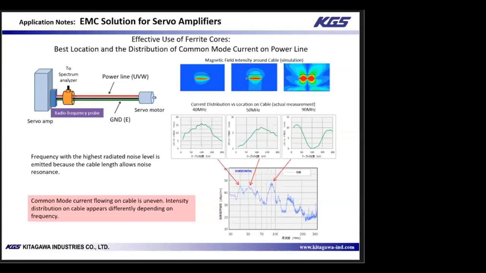You'll notice that the x-axis is shown in centimeters, and for 40 and 50 megahertz, the current distribution is highest around 100 centimeters. At 90 megahertz, it is higher at 0 and 200 centimeters. Since the cable is 2 meters or 200 centimeters, it can be said that 40 megahertz and 50 megahertz resonate near half the wavelength, and 90 megahertz resonates near one wavelength.